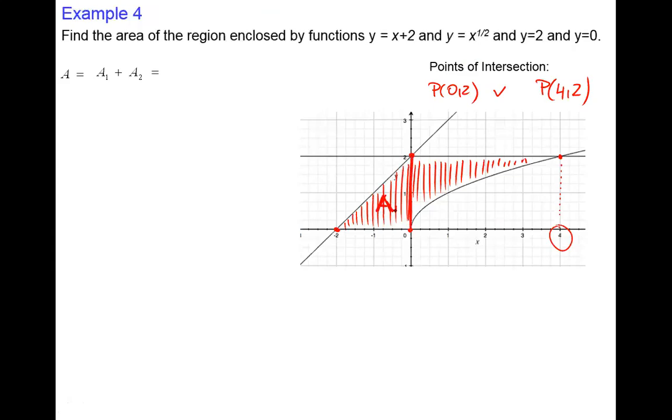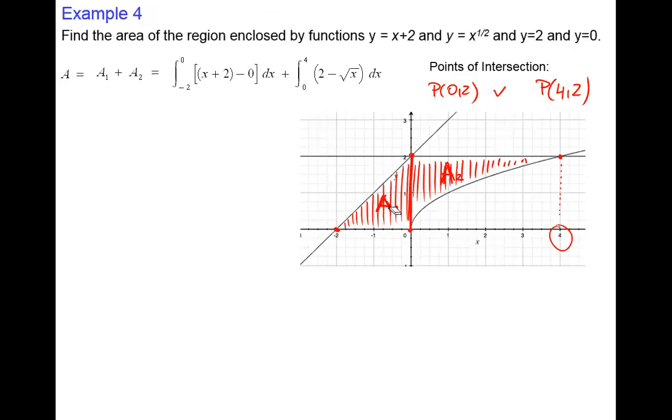Okay, that means now we do have a little bit of problem, because we can say we have the first part, A sub 1, the first area, and the second one, A sub 2. That means the first one, because we have to split it, the first one is the line on the top minus 0, minus the bottom horizontal line. That we can see from negative 2 to 0 is x plus 2 minus 0.